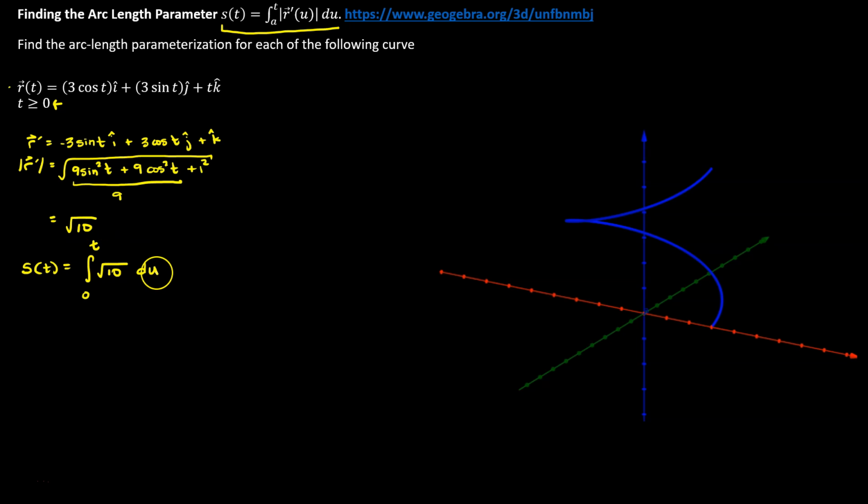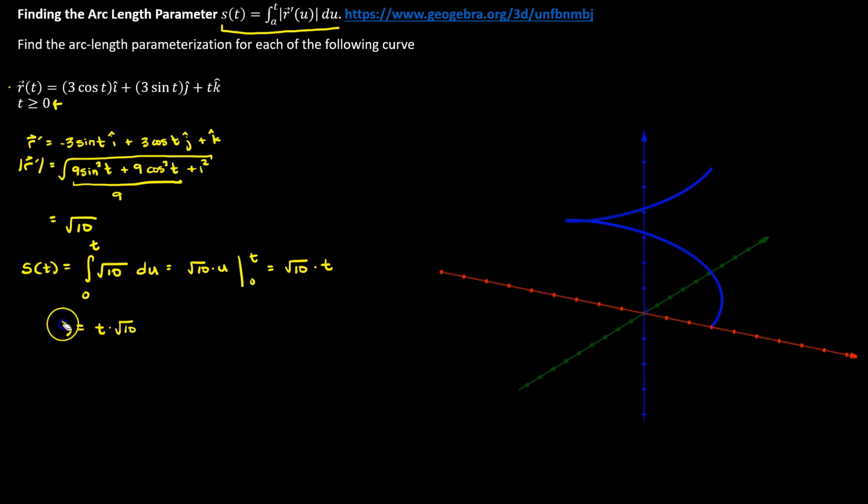So we're just going to rename our variable inside of the integral. The integral of the square root of 10 becomes the square root of 10 times u, which we then evaluate between 0 and t. And that simplifies to be root 10 times t. So in this case, the arc length parameter function s of t looks like t times root 10.